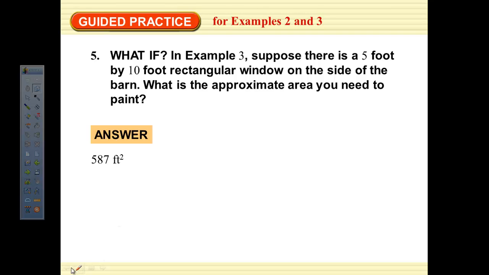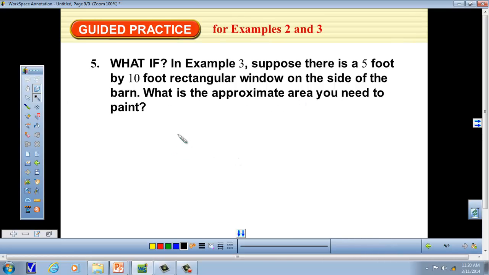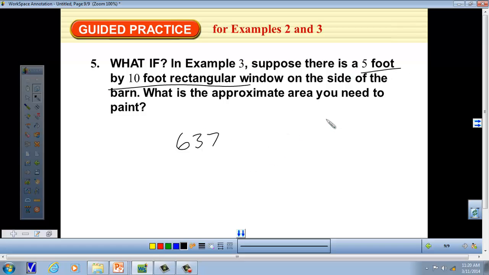So, let's back that up now that we have the answer. It says, suppose there's a window in the side of the barn. We want to know the approximate area now. Well, we had 637, I believe. And if we have a rectangle in there that's 5 by 10, the area for that rectangle would be base times height, or 5 times 10, which gives us 50 square feet.